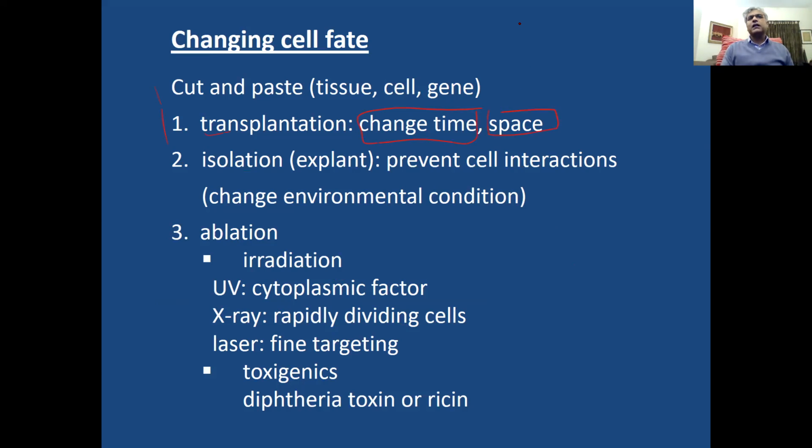So for example, you use an early stage embryo.